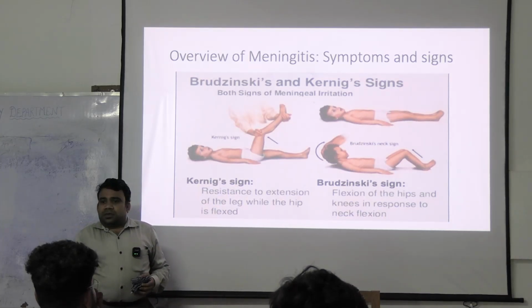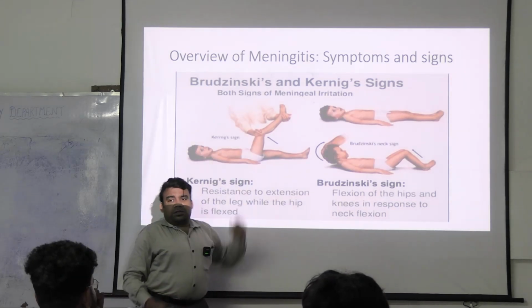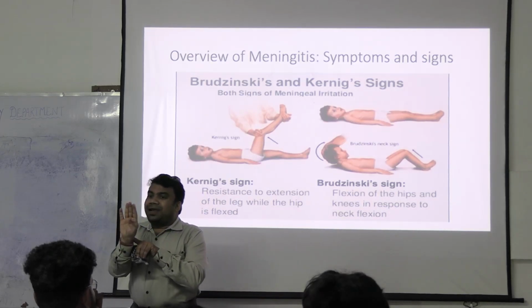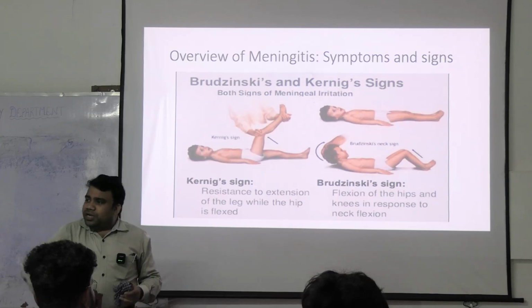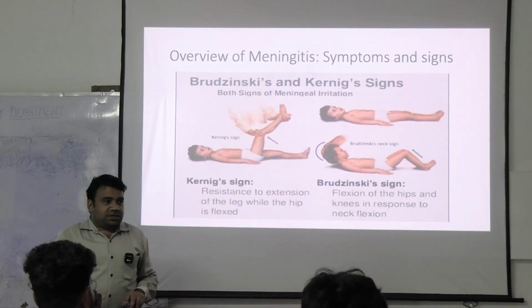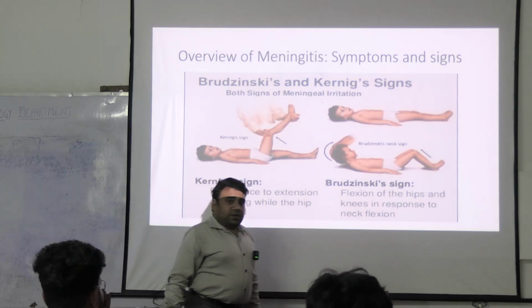The spinal column will be extended. There will be irritation, and so the nerves will be irritated. The knee will not extend. So when you are trying to extend the knee, you will feel a resistance. If you feel the resistance, it is called as Kernig's sign positive.